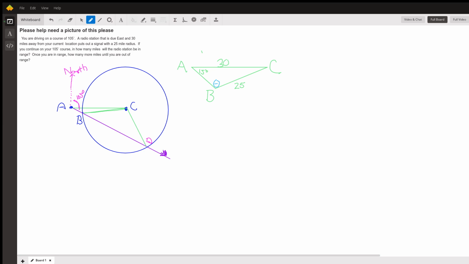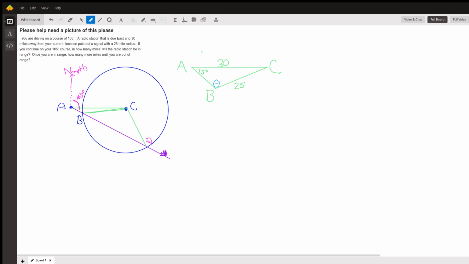I've enlarged this triangle ABC, not to scale. It's a little bit different of a shape, so I want to bring out the features a little more. Over on the right of the circle, the distance from A to C is in fact 30 miles. The radio station is 30 miles away from the current location A. So the top side of that is 30.